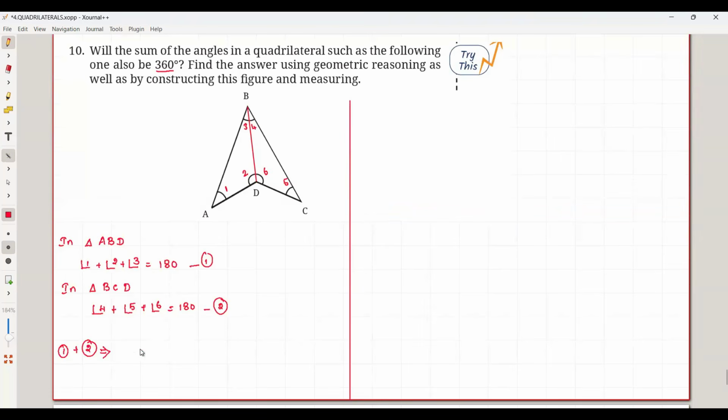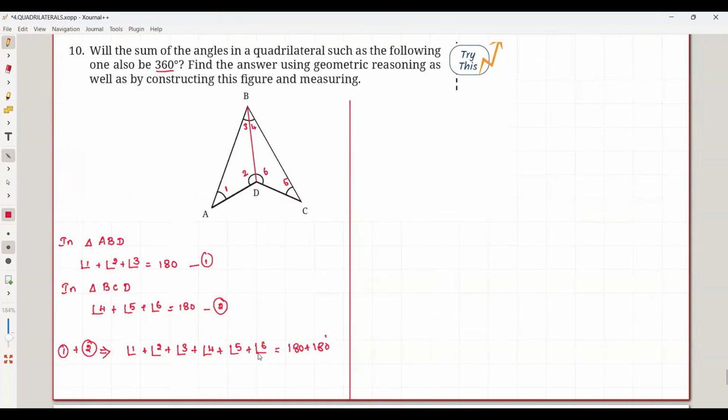While adding, just add angle 1 plus angle 2 plus angle 3 plus angle 4 plus angle 5 plus angle 6 on the left hand side. On the right hand side, 180 plus 180.